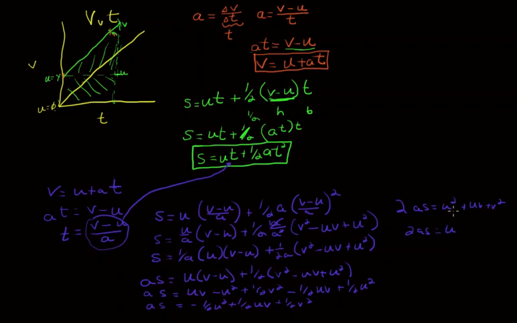It should be minus u squared. Let me fix that. Right? It's minus u squared. Yeah. All right. I can easily fix that. Minus u squared. Sorry, let me straighten this up and make sure I get this right.